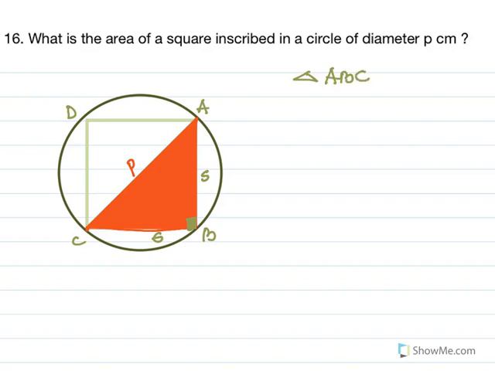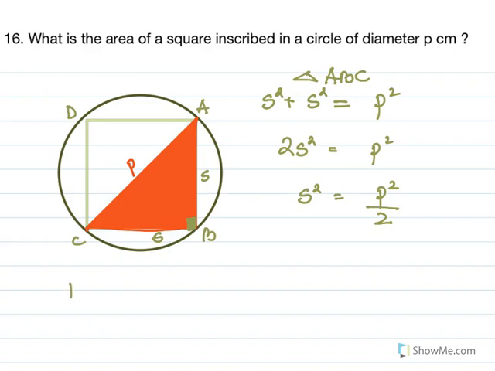So in triangle ABC, by Pythagoras theorem, S square plus S square equal to P square. So we have side square S square, so 2S square equal to P square. So S square equal to P square over 2. Now what is S square?